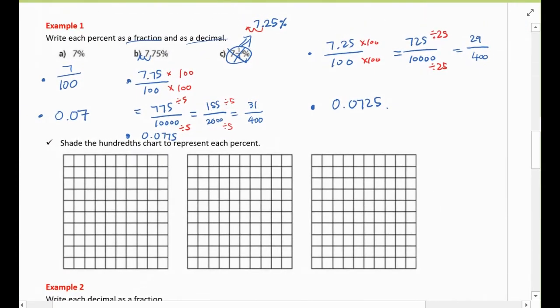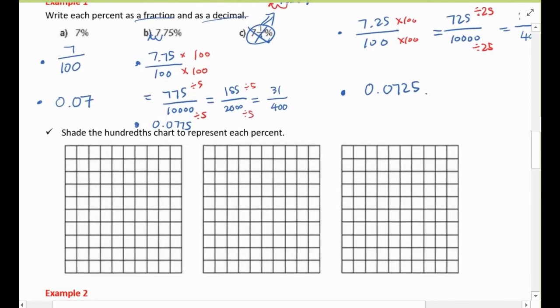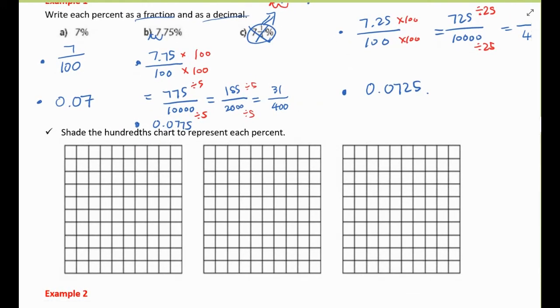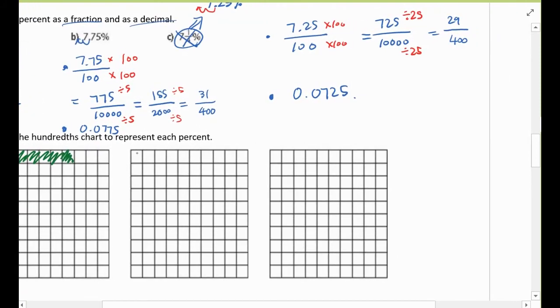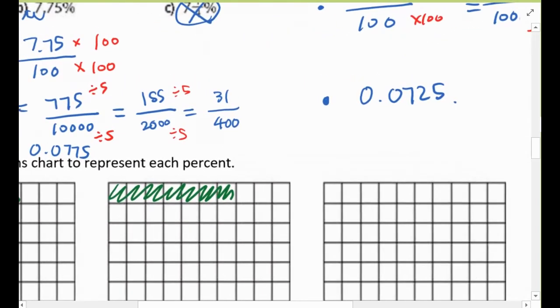Okay, so we're done. And we're going to shade each percent on the grid here. 7%. So let's shade 7. 1, 2, 3, 4, 5, 6, 7. 7.75. 1, 2, 3, 4, 5, 6, 7. So 0.75 is 3/4, right, everyone? 75 cents is 3/4.